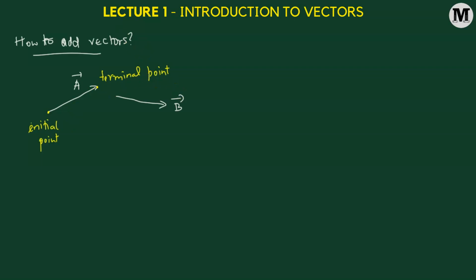In order to add two vectors, we are going to use the concept of displacement. The concept of displacement states that we are going to move this vector around this writing pad. When we move it, we have to be very careful: we cannot alter the properties of the vector. Let's say we pick up vector A and place it in a particular position.